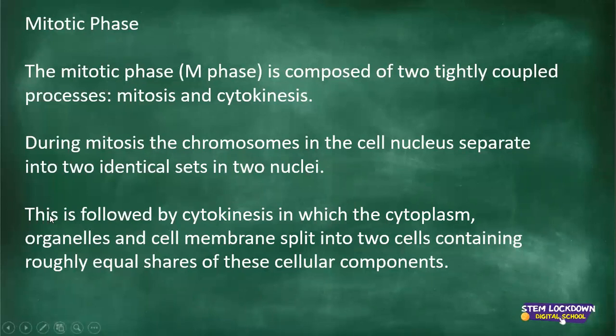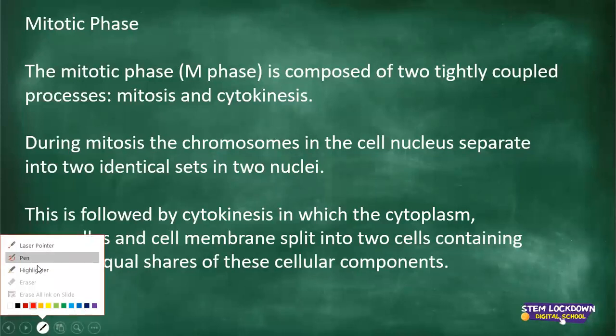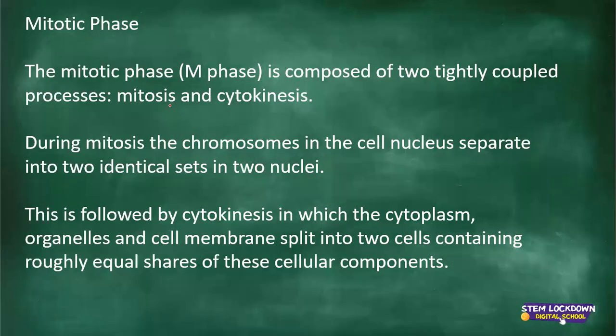The mitotic phase, also called M phase, is composed of two tightly coupled processes. These processes are tightly coupled together, so it's two of them, you see? There's a process of mitosis, and then there's a process of cytokinesis.